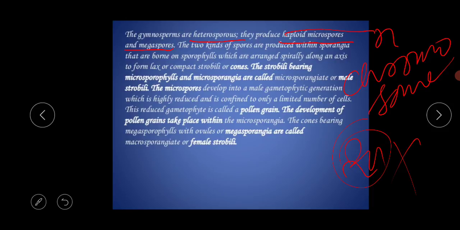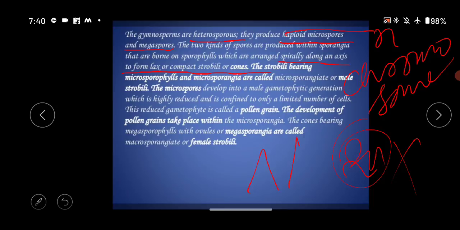The two kinds of spores are produced within sporangia that are borne on sporophylls, which are arranged spirally along an axis to form lax or compact strobili or cones.